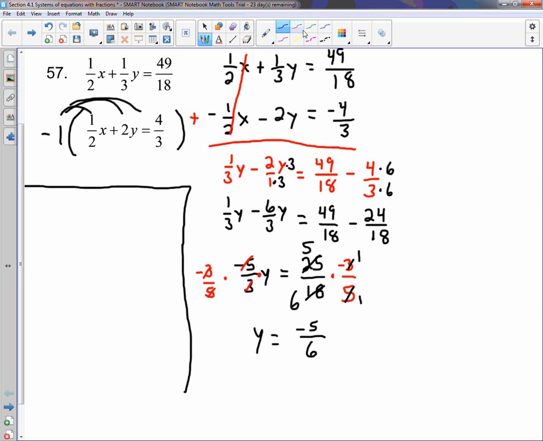Okay, so we have the equation 1/2 x plus 2 times my y value. Well, the y value we just found is right here. It's -5/6. And it equals 4/3 still.